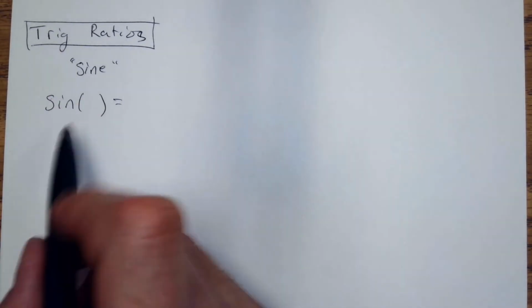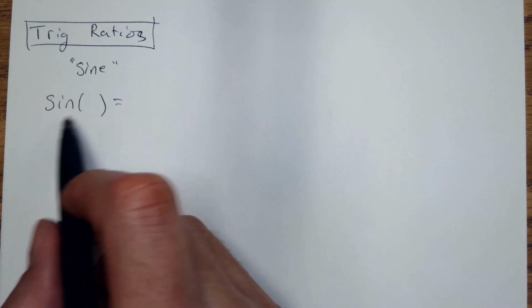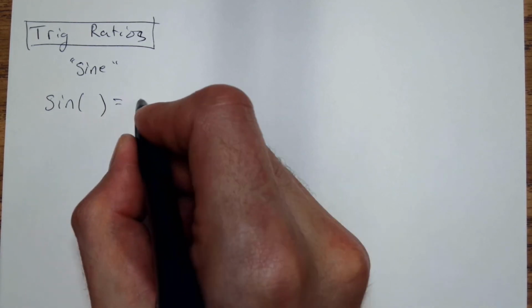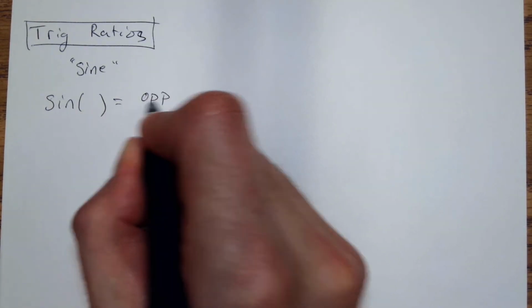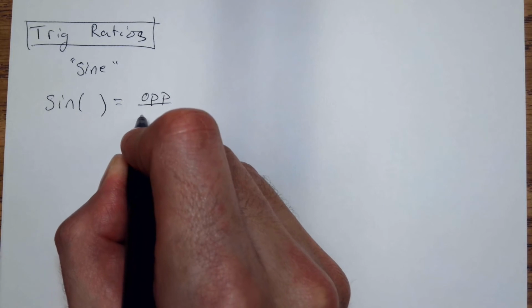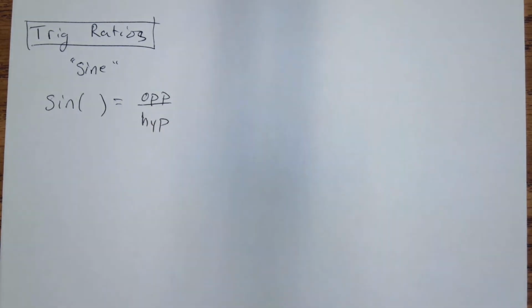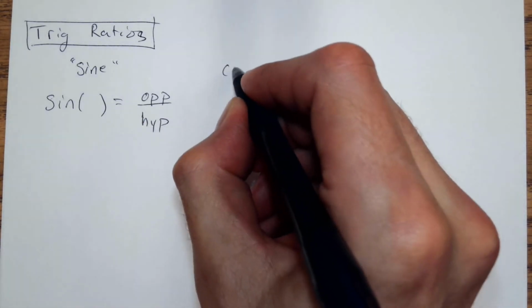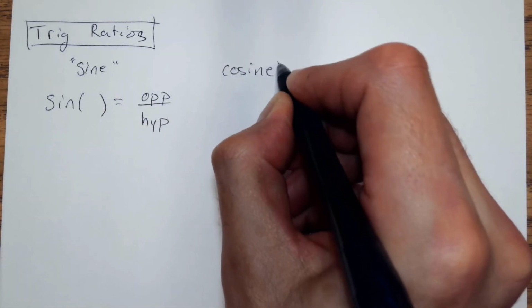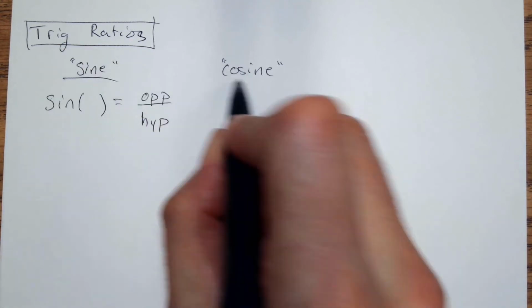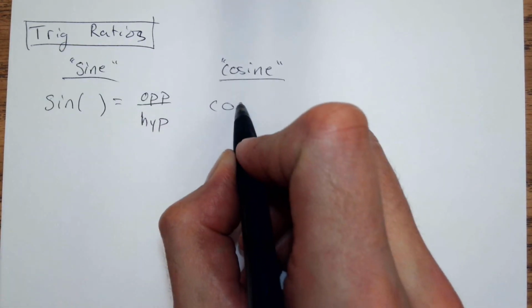So sine of something, that's how you're going to say it. Sine of something equals the opposite side over the hypotenuse. These are the definitions of sine, of cosine, and tangent. Sine, cosine, don't say cos.